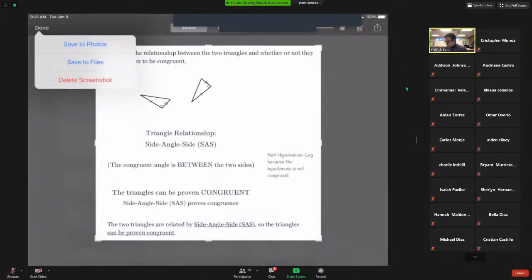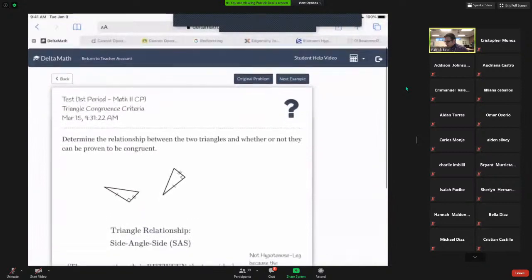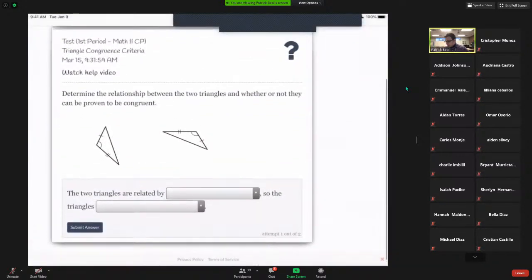I'll put that one in. But do you guys want me to go over some of these with you? What about this one here? What's the shortcut? What's the pattern here? Think about the letters S and A and what order they go in.